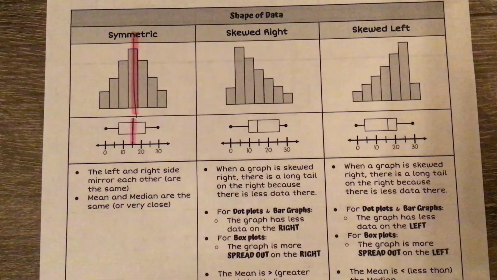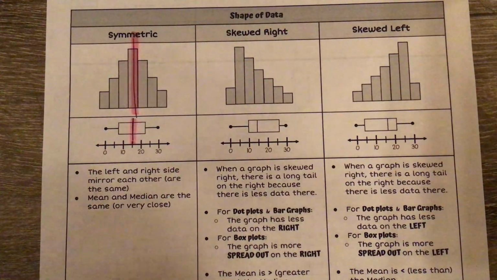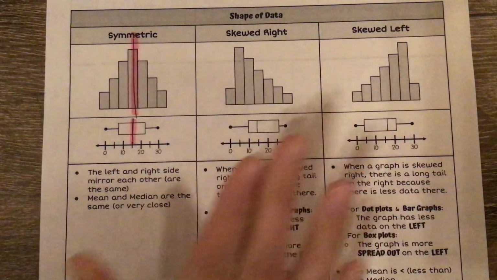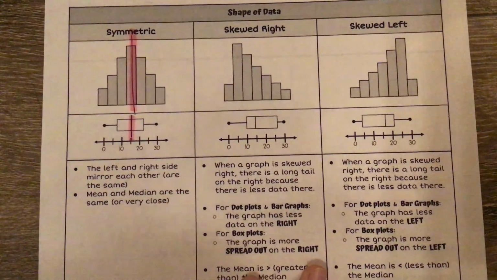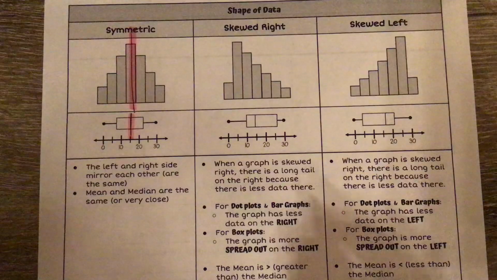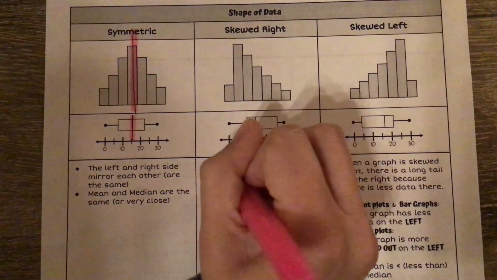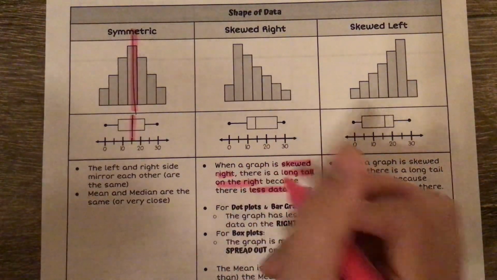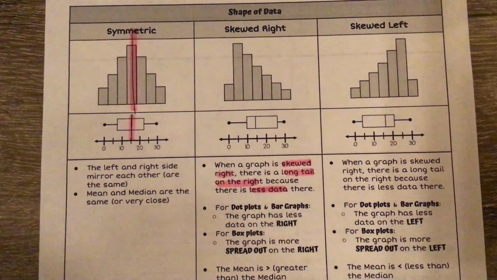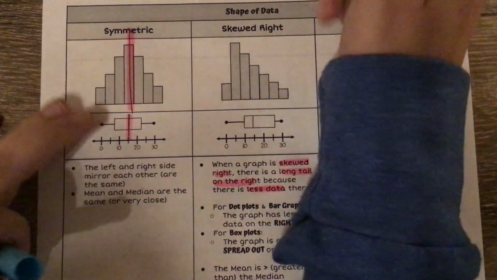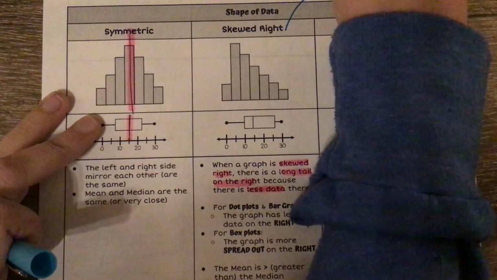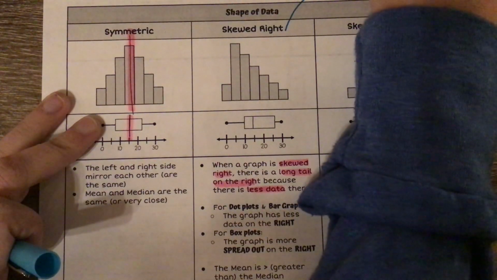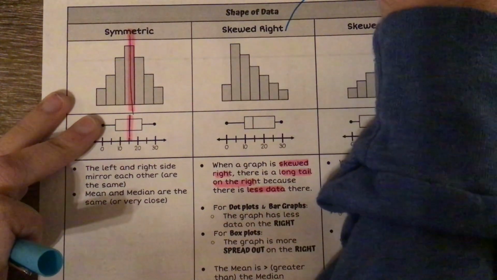Then we have skewed right and skewed left. We have to be careful with this because for me, it seems opposite. I think of skewed right as there being a lot of data on the right, but that's not what it is. When a graph is skewed right, there is a long tail on the right because there is less data. So skewed right, what we're looking at here is less data on the right.